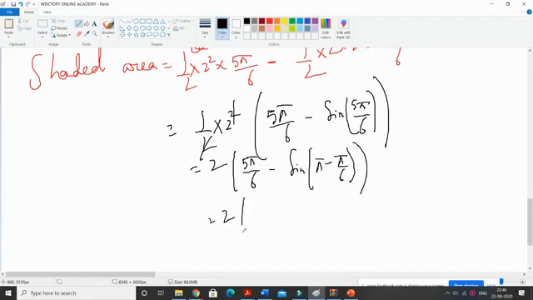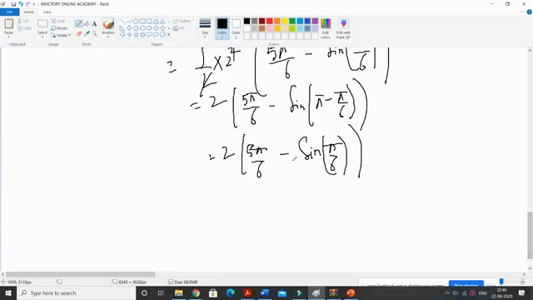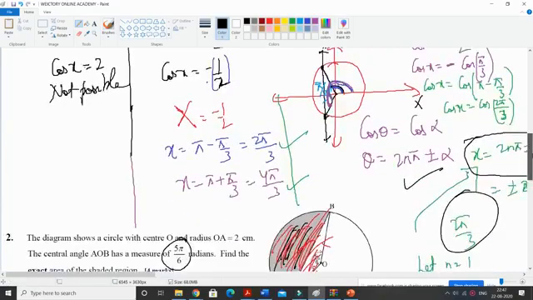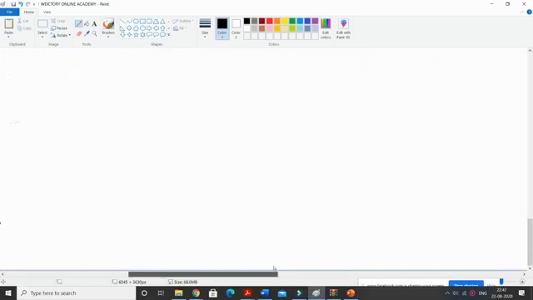Okay, so 2 times 5 pi over 6 minus sine pi minus pi by 6 is sine pi by 6. Like sine pi minus theta is sine theta. So it's sine pi over 6 and sine pi over 6 is 1 over 2. Okay, so we just put the value. You can multiply this, you will get 5 pi over 3 minus 1. That's our answer. Okay, because if you multiply 2 with both the terms, you get 5 pi over 3 minus 1. Okay, so that's the solution of question number 2.